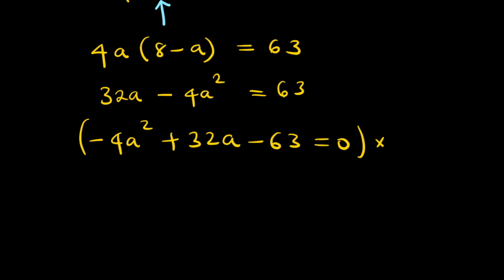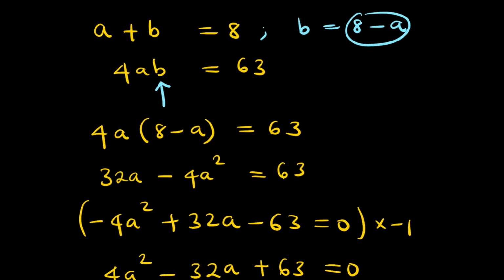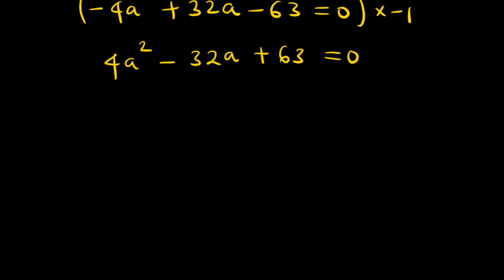Let us multiply through by negative 1, so that this gives us 4A squared minus 32A, then plus 63 is equal to 0. We now need to check to see if this equation is factorizable. We first multiply 4 and 63.